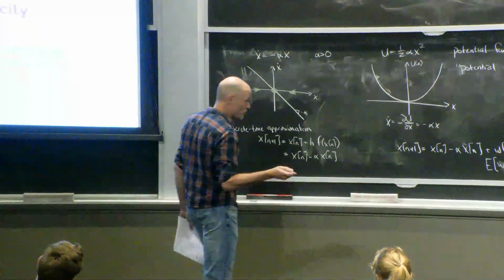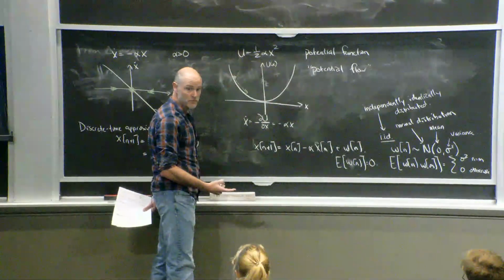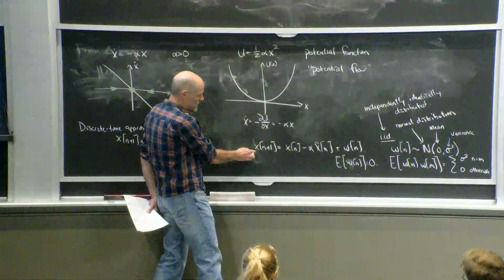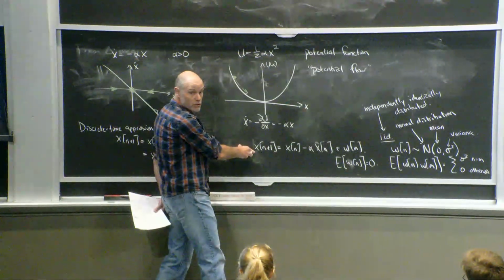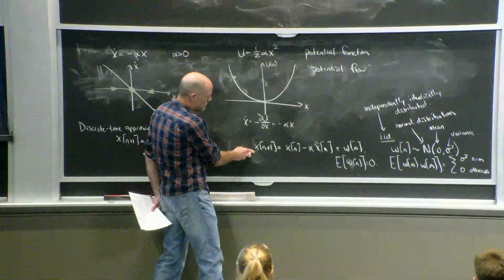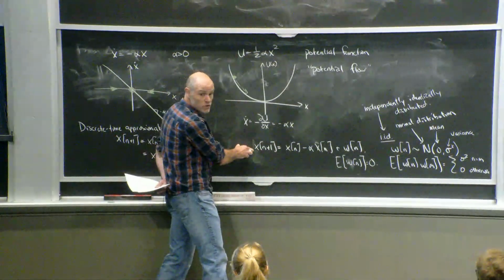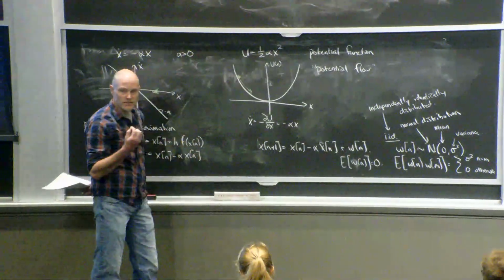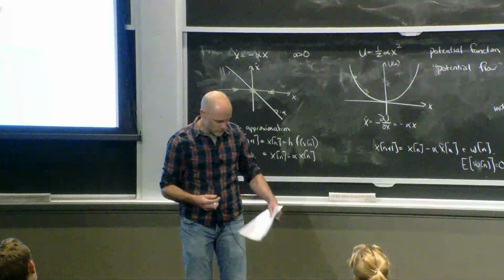Now, even though the randomness came in through W, because it affects x at time n, for instance, x is now a random variable also. So you can ask about the mean of x. You can ask about the total distribution of x. But asking about x as we did with our deterministic questions is no longer the right thing.